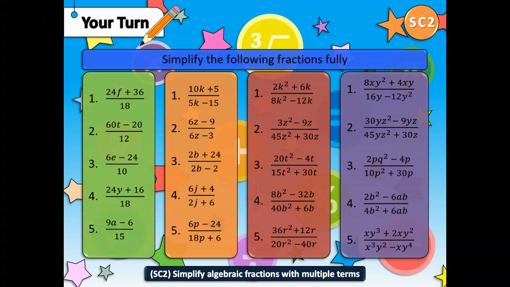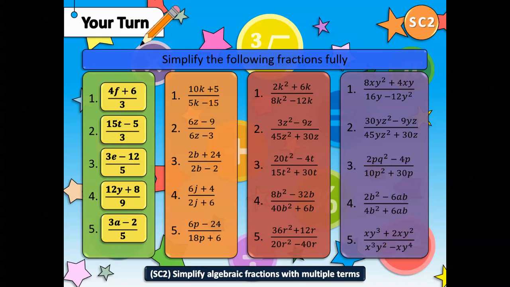Here are some questions for you to have a go at. Pause the video, and when you're ready to mark your work, press play. Here are your answers. So there's your green answers.